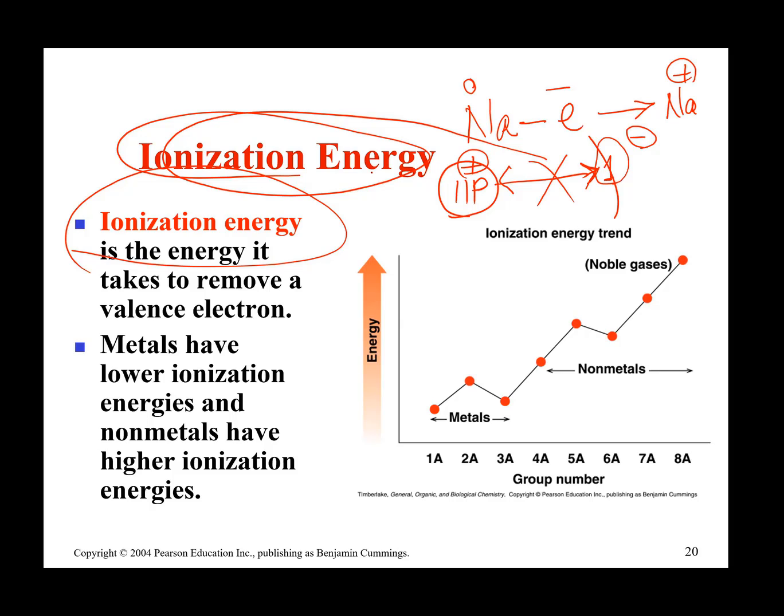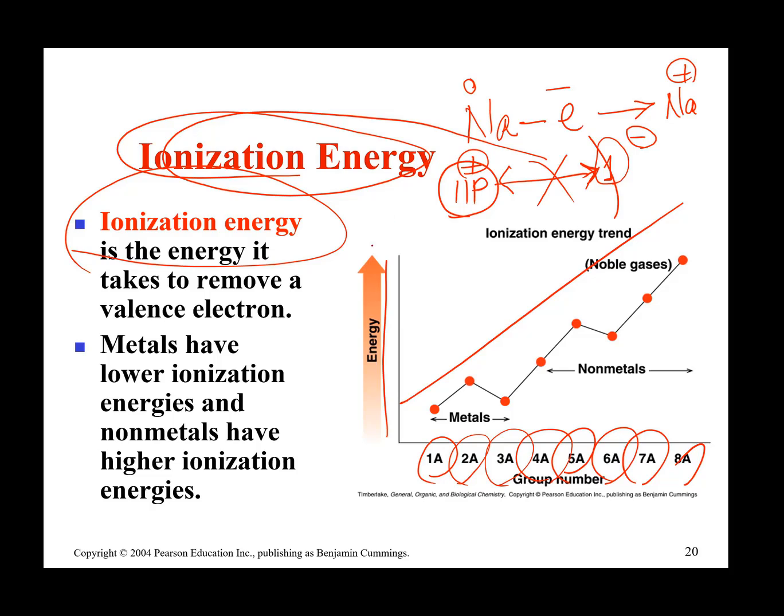How does ionization energy change when we move from left of the periodic table to the right? Well, as we move from group 1A to 2A to 3A, we are going from left to right of the table. Do you see the general pattern is increasing of the energy?